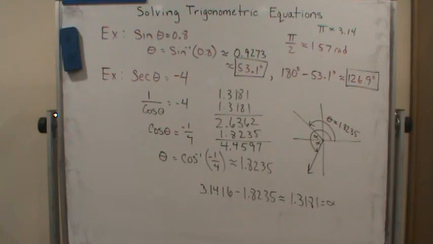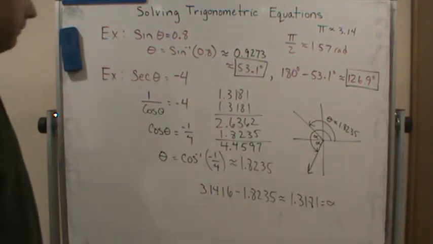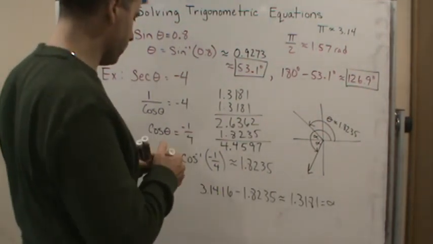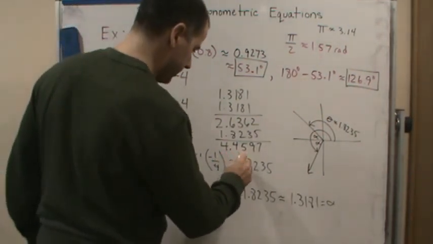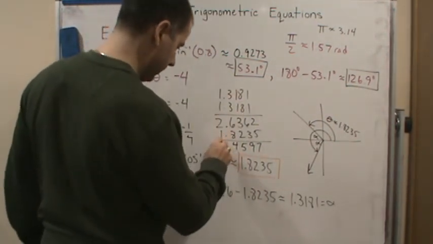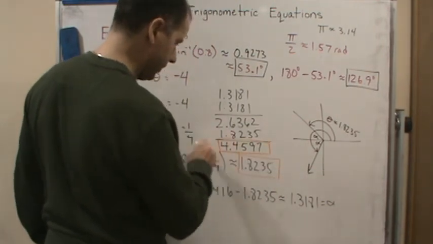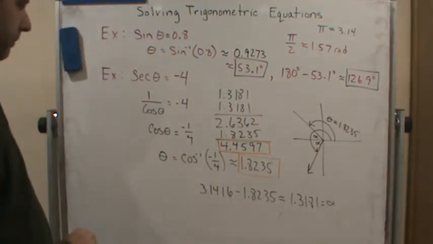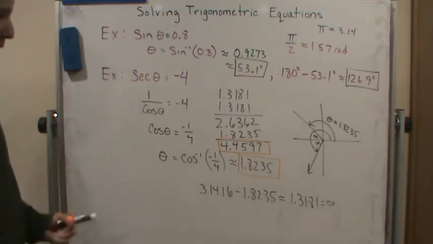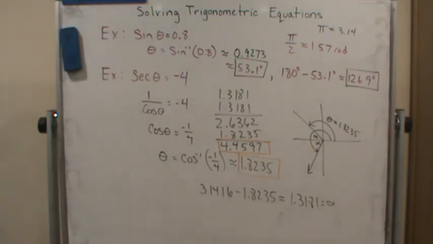Now, they want all possible solutions, right? So let's circle the two solutions I have. So this is one solution, and this is the other solution. So guess what? My solution is going to be multiples of 2 pi.